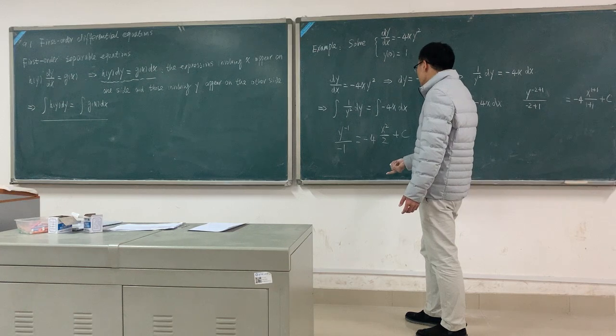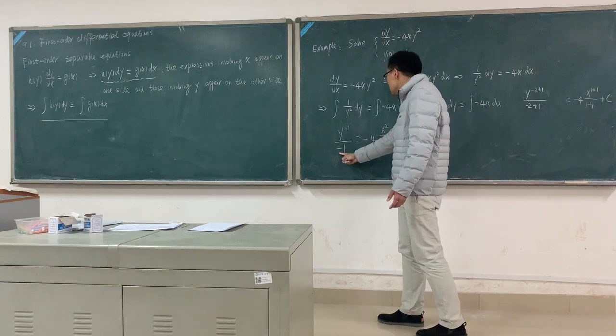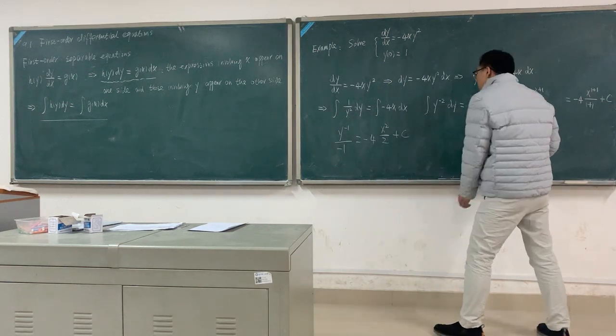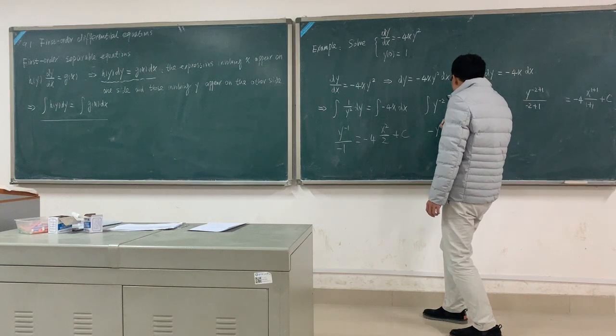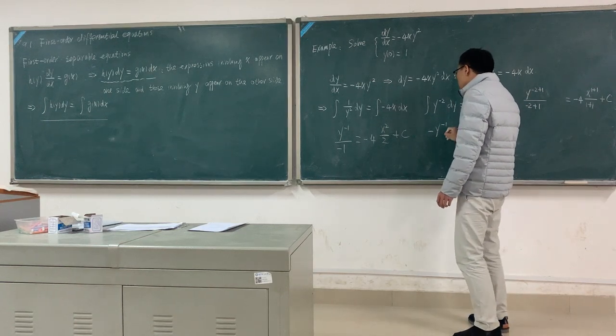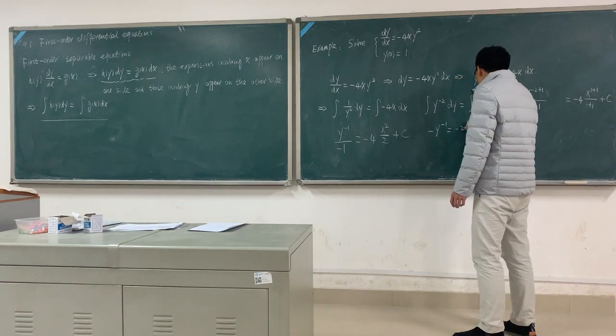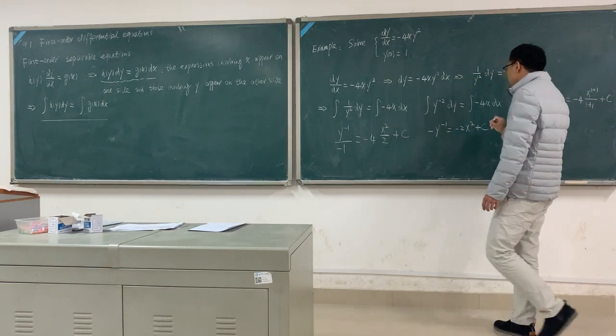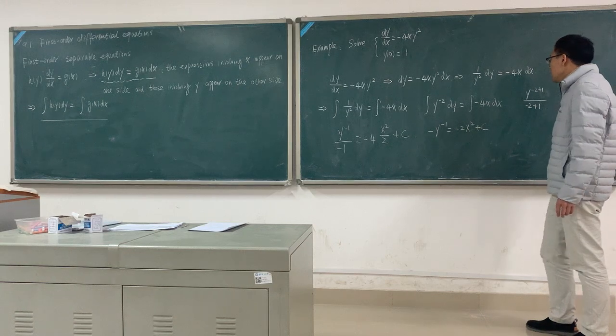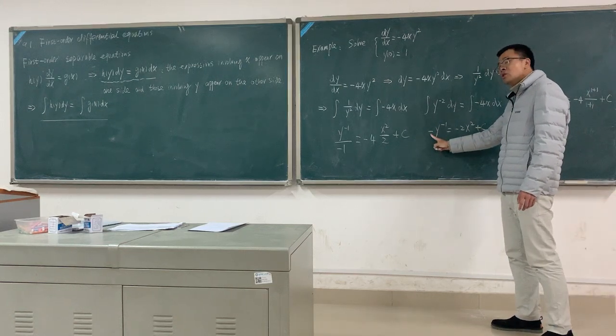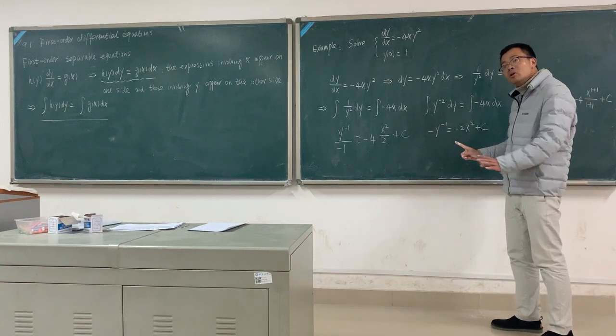So here we can see minus y to the power minus 1 equals minus 4 times x squared over 2, the 2 cancels, so minus 2x squared plus a constant c. Now we multiply by minus 1 on both sides.